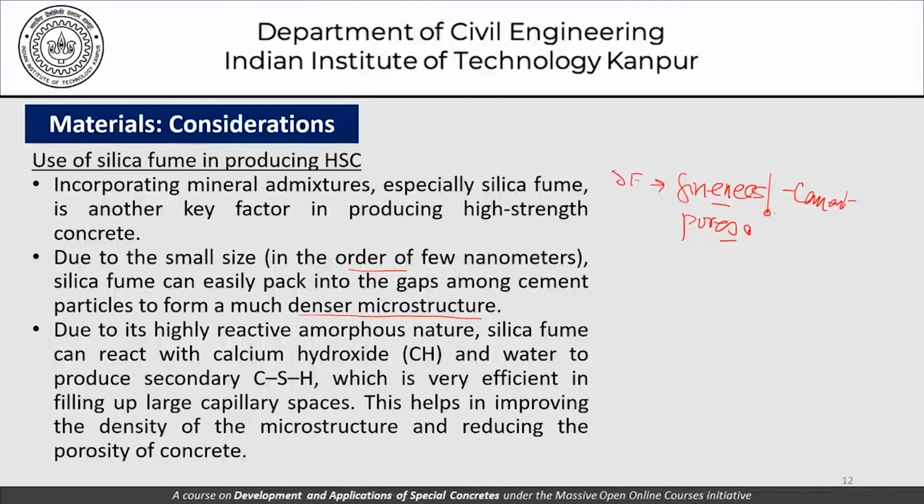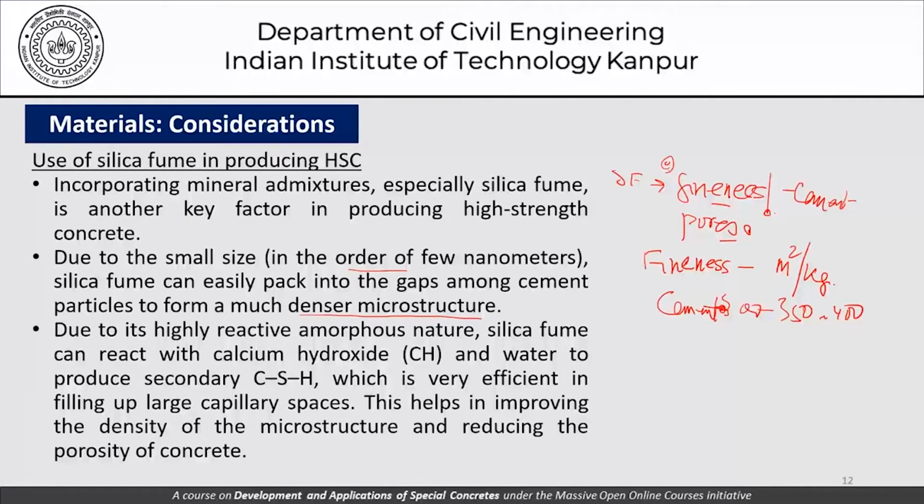I'm leaving it to you as an assignment to find out how fine exactly is the silica fume. As far as the fineness of cement is concerned, we know that it is measured in terms of surface area, in square meters per kilogram, and we have numbers which could be close to 350 or 400 or sometimes 300. So these are the kind of numbers which we are looking for as far as cement is concerned.